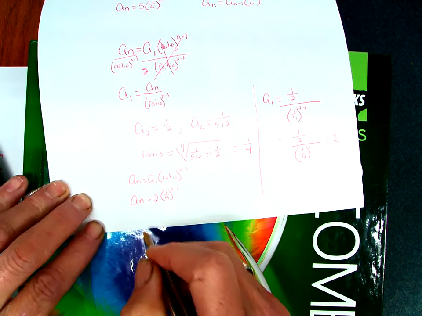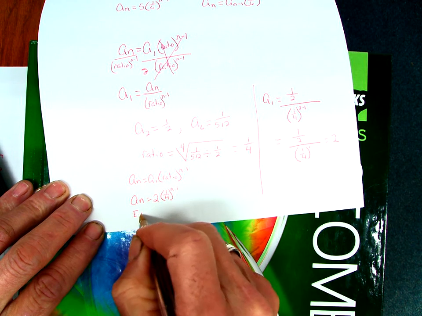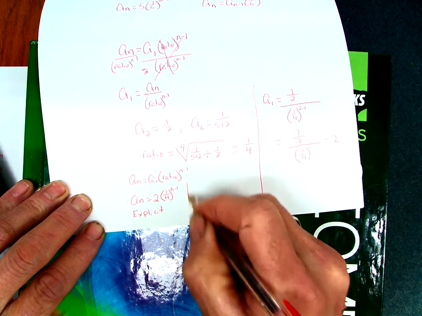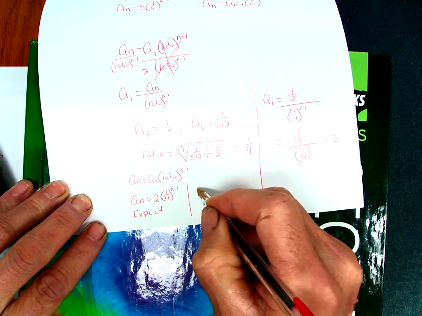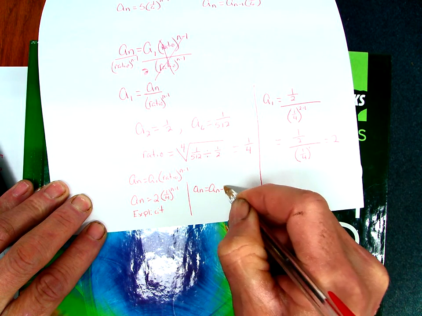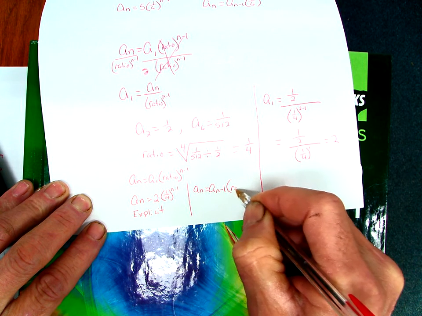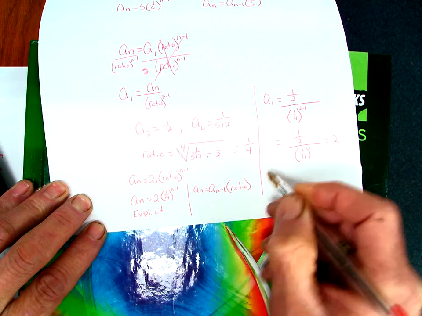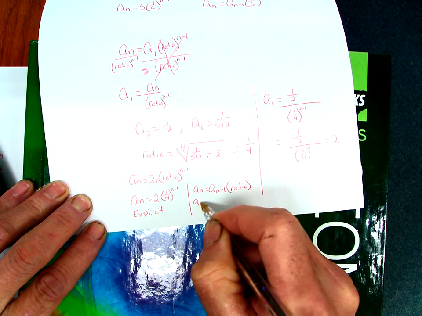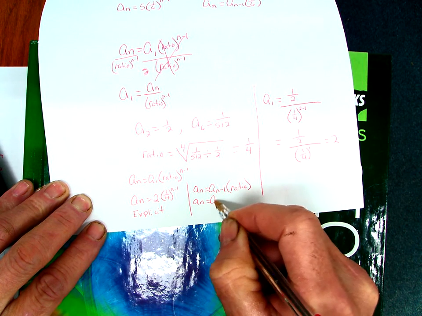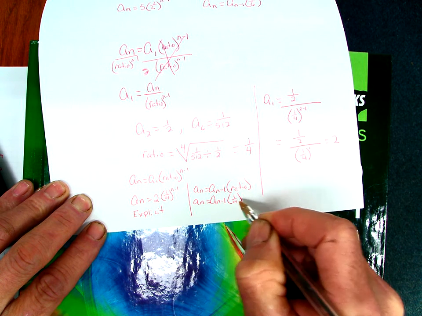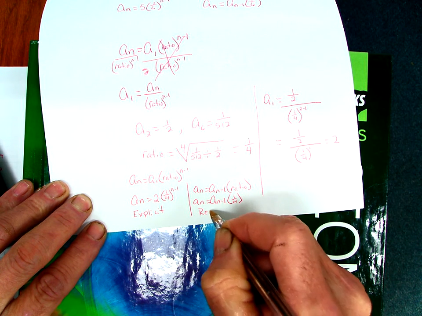This is the explicit formula. Now the recursive. It's a sub n equals a sub n minus 1 times the ratio. So a sub n equals a sub n minus 1 times 1 over 4. And that's it. That's the recursive.